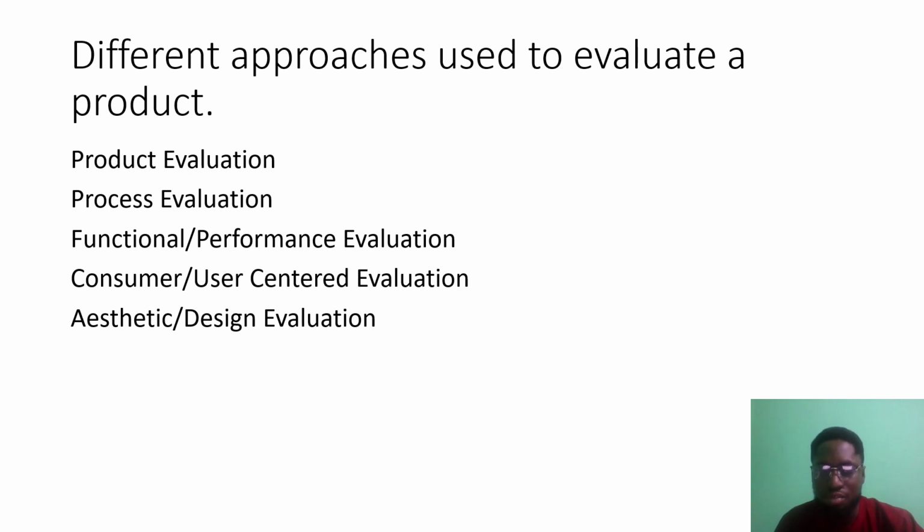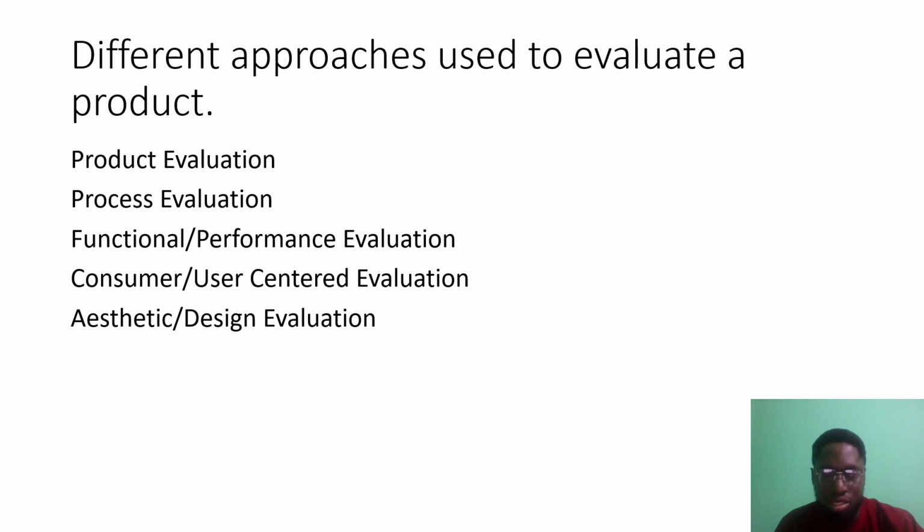The next we have in line is process evaluation, then functional or performance evaluation, then we have consumer or user-centered evaluation, then we have aesthetic or design evaluation. So before I explain what it entails, let's move to the first one. That's the product evaluation or outcome based evaluation.